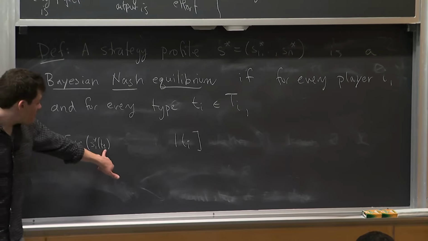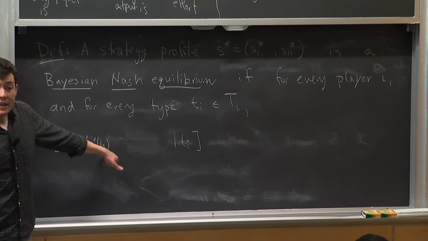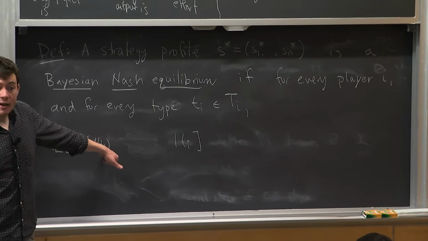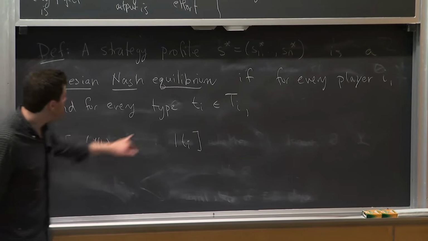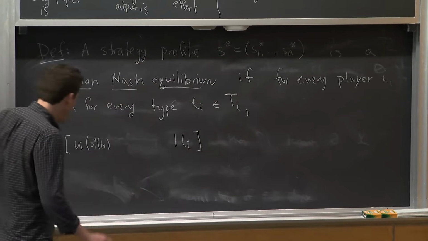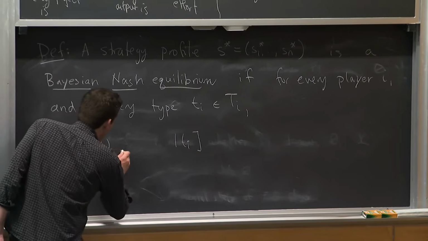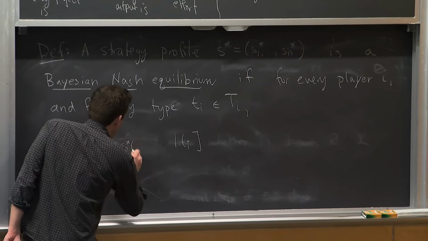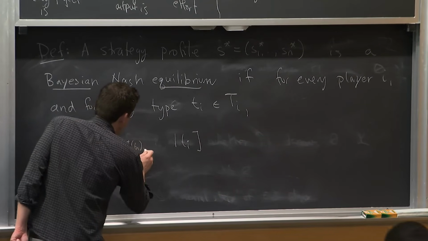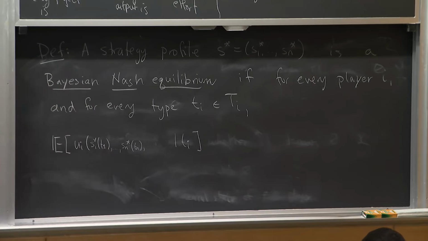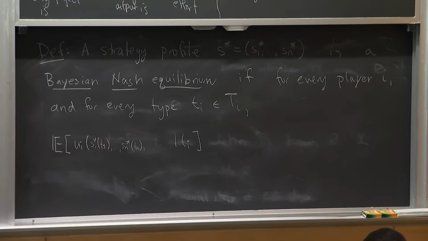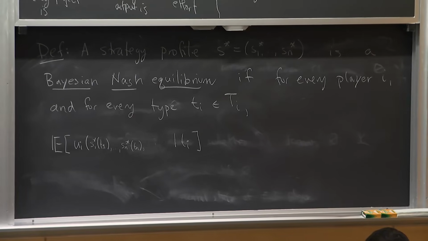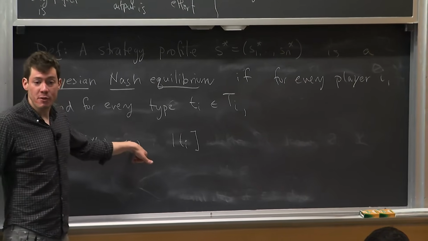This reflects the point we made: why do I, as player i, care about player 1's mental state, their t1? Because their t1 affects the action they're taking under this equilibrium strategy profile. And it goes all the way up to sn star of tn. Now, it's tricky: the ith position here is something I'm controlling as player i, but for everyone other than player i, these are random things that I'm forming beliefs about.